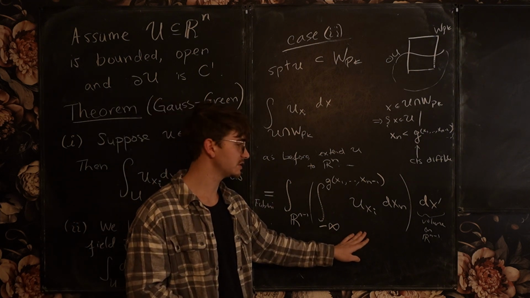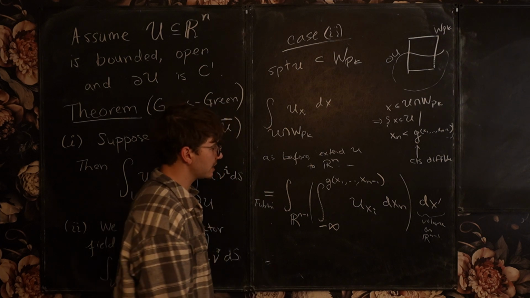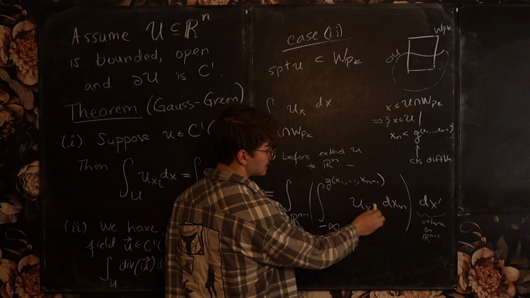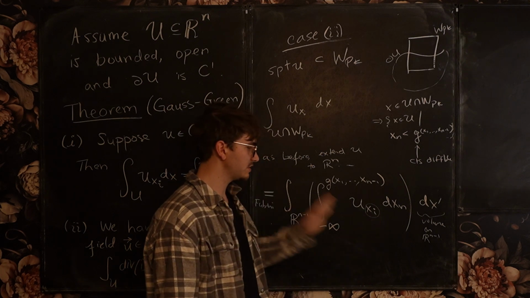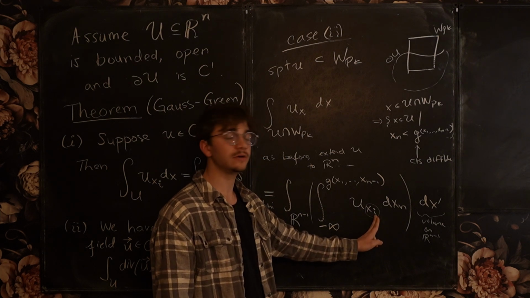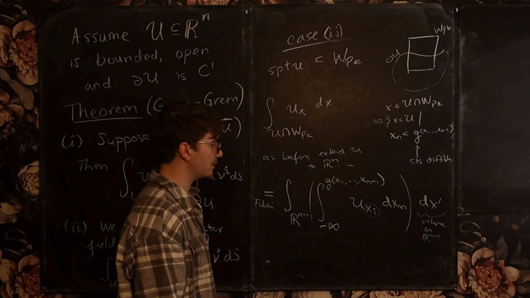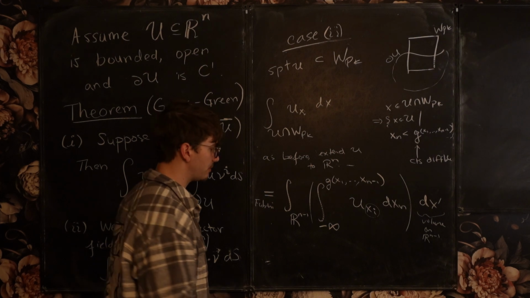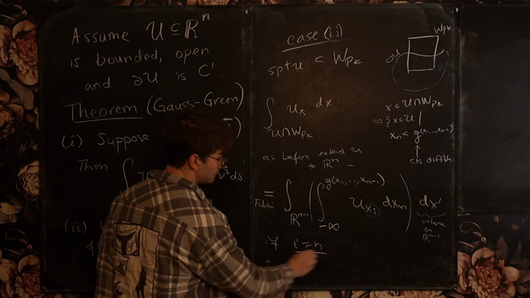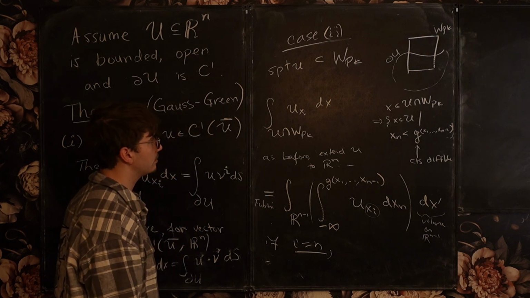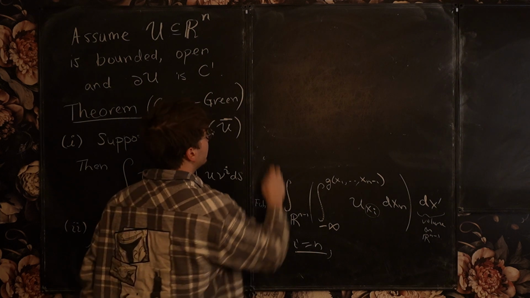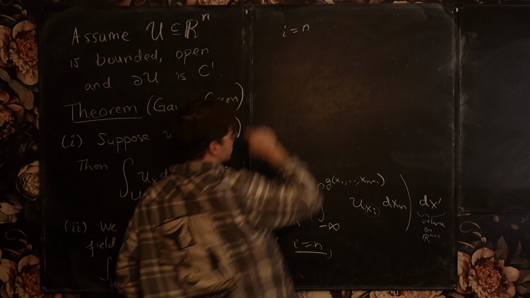So now I'm left with this integral, okay? And this integral is going to have different values depending on this xi here, this is a partial derivative with respect to xi, depending on whether or not i is equal to n, okay? So we now need to evaluate this integral in two separate cases. So if i is equal to n, then let's do it up here.